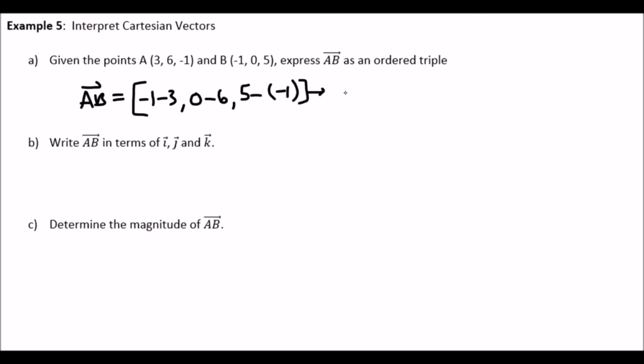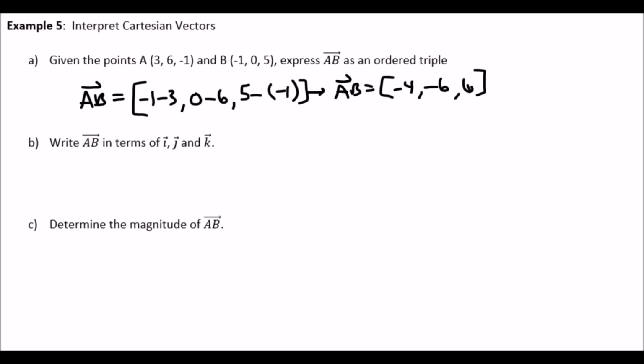So this is really going to give me vector AB is equal to negative 4, negative 6, and 6. So there is my vector AB as an ordered triple. It's now a position vector where its tail is at the origin.